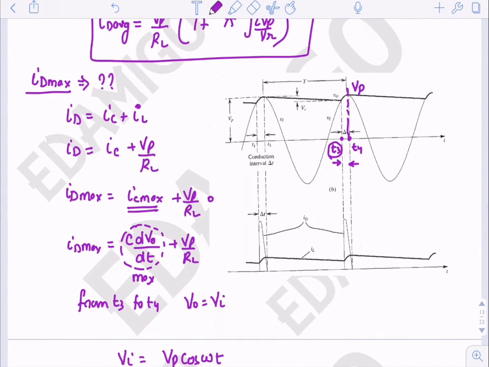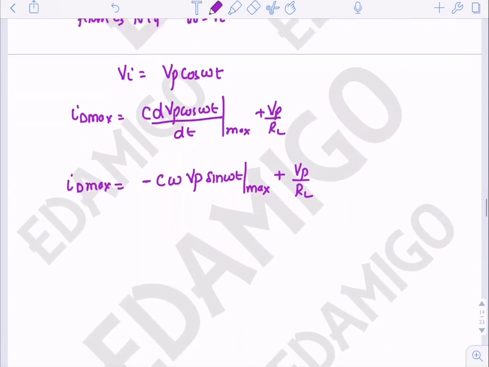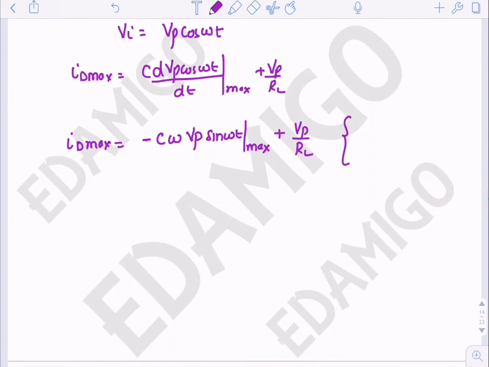Now let us say that this T4 time instant is equal to 0, and then T3 time instant will be minus delta t. Okay, so from minus delta t to 0 is the time duration. Now at t equals 0, this will be 0, so it will not be maximum. At minus delta t, this sine term will be a negative term and this term will be maximum.